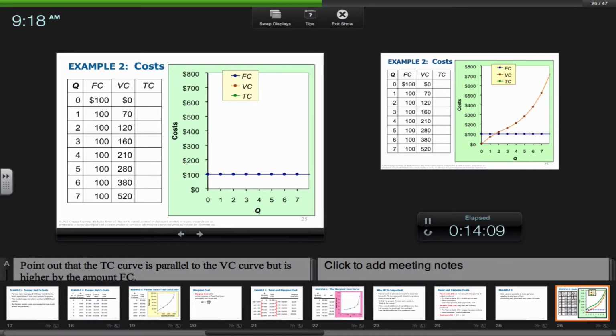The variable costs increase not necessarily at a fixed rate: 70, 50, 40, 50, 70, 100, and what, 140? Okay. Got it? And so then total costs, how do we get that? Add them up.